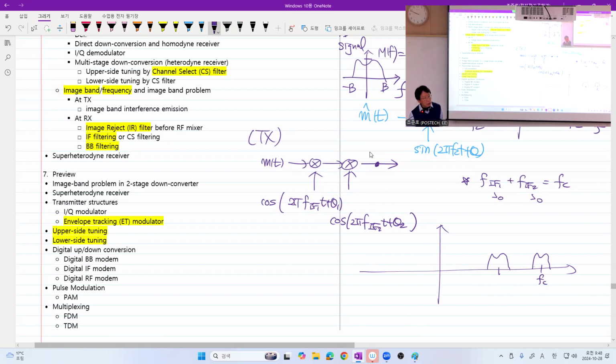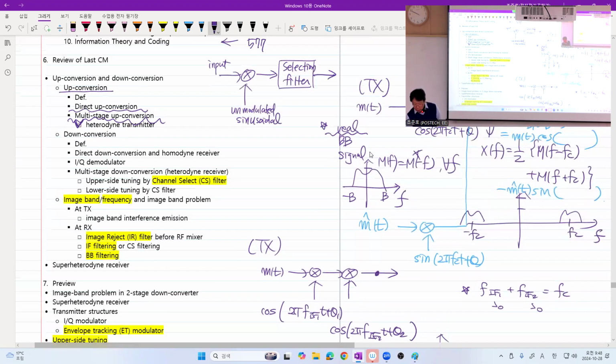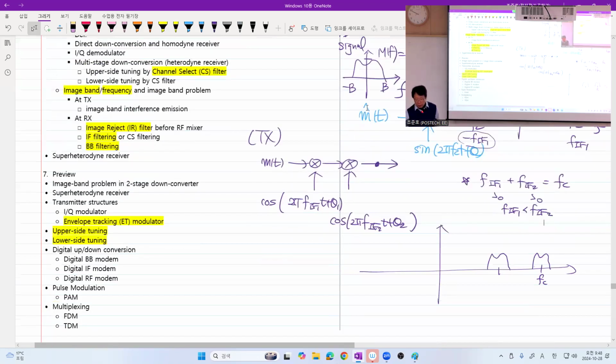What is it? Now, let's assume that FIF1 is smaller than FIF2. Got it? Am I right? Yeah, I believe so. Then what happens? This becomes 2FIF1. And here, this becomes FIF2, I believe. Got it?